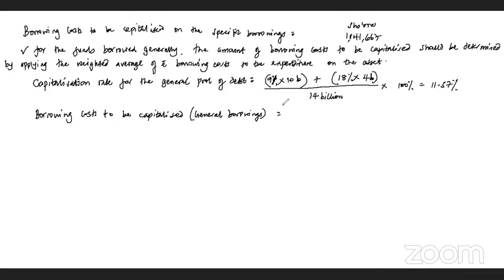How much was the expenditure attributed to the general borrowings? We had 11 billion. So that's 11 billion times 11.57%. But we have to look at the period, because we have to weight this for the period outstanding up to the end of the financial year.